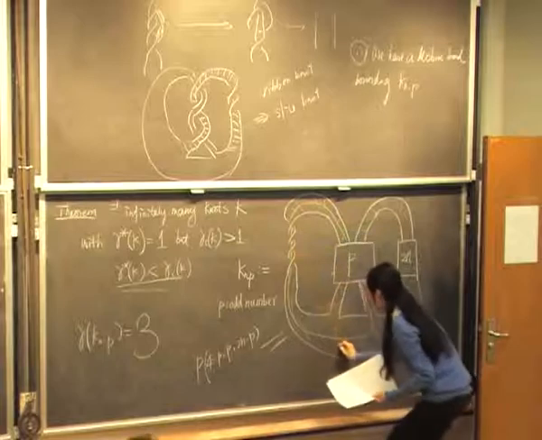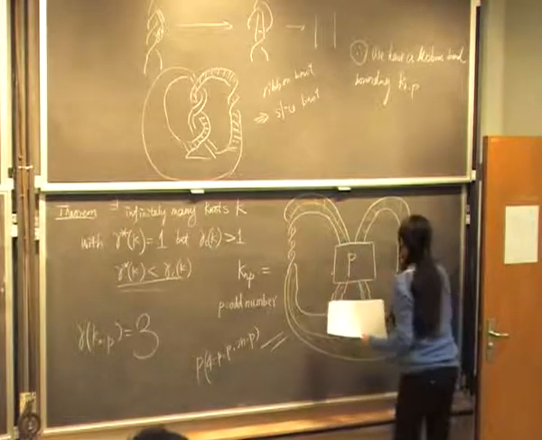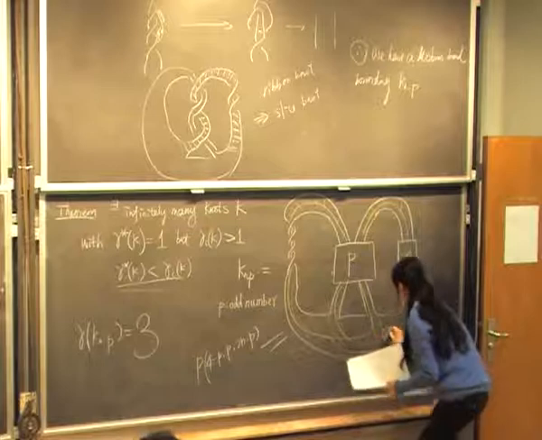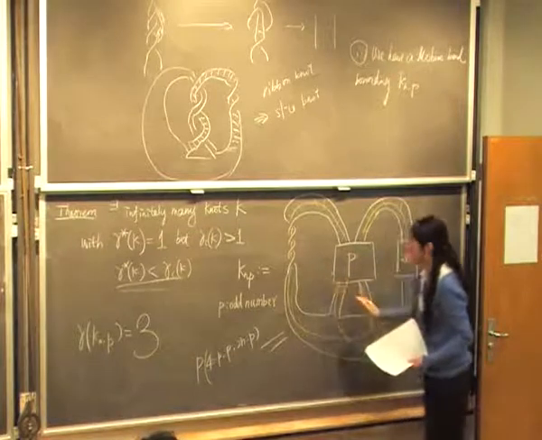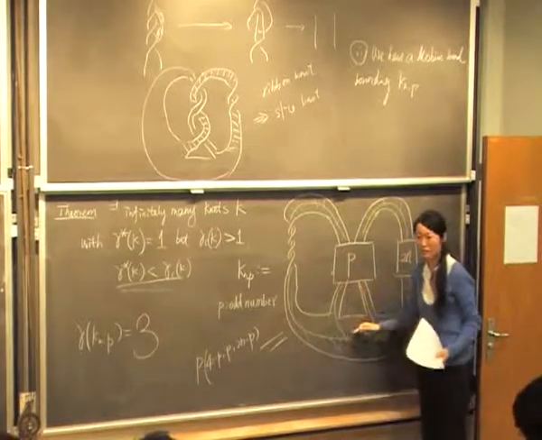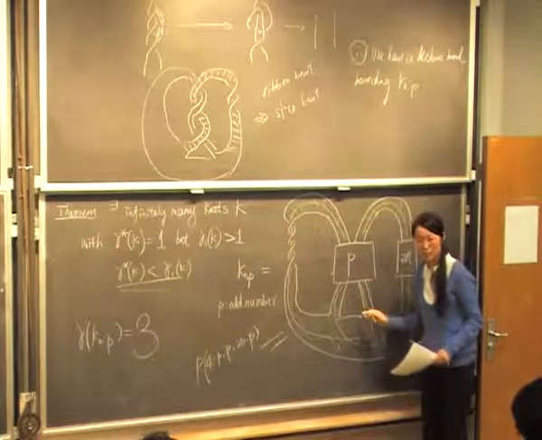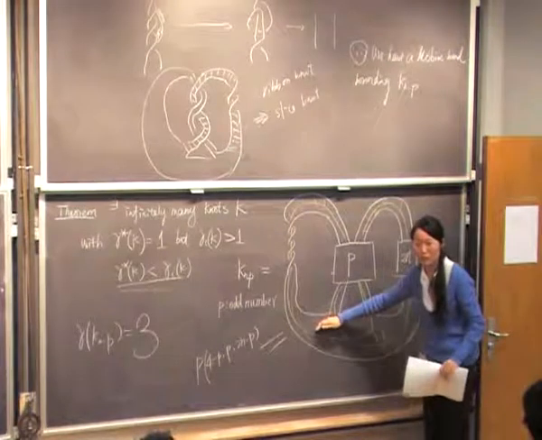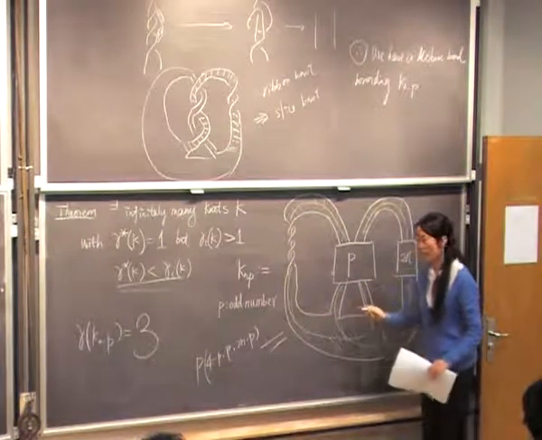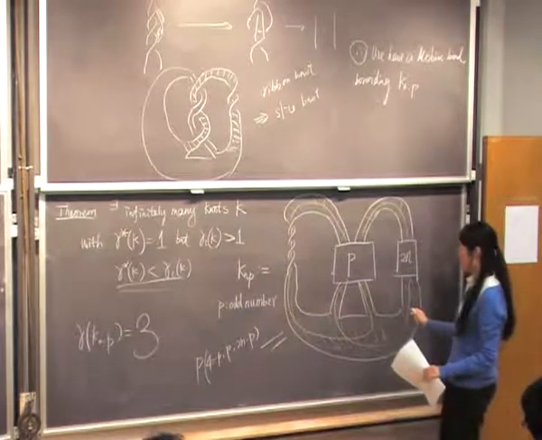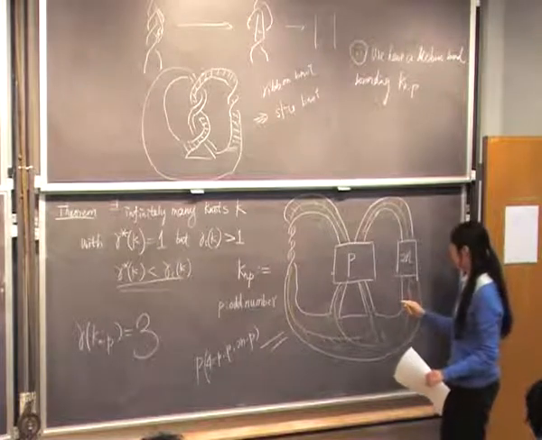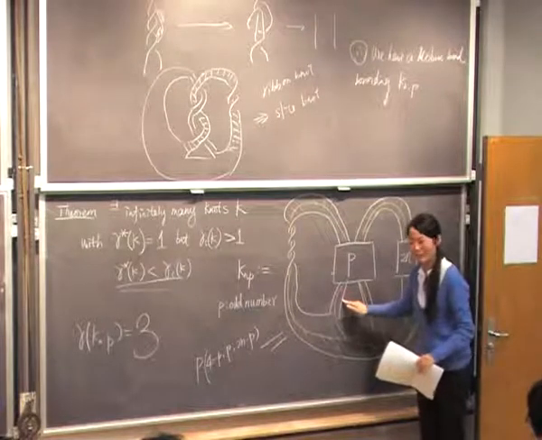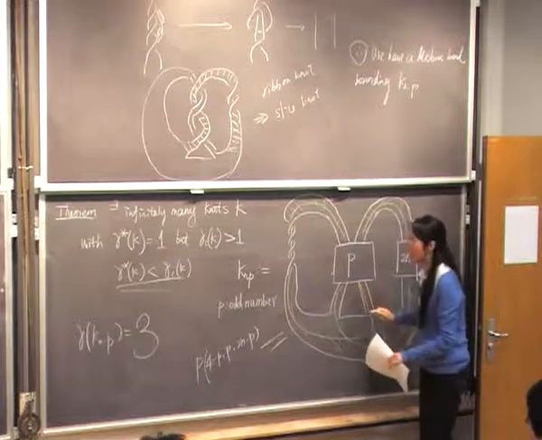So in this way, this is A, and this is B. And we can calculate the Gauss matrix of this surface, and it is a 2 by 2 matrix. Also this is an orientable surface, right? And the normal number is 0. And then we can calculate the signature of this knot. Actually, it is the signature of this Gauss matrix.